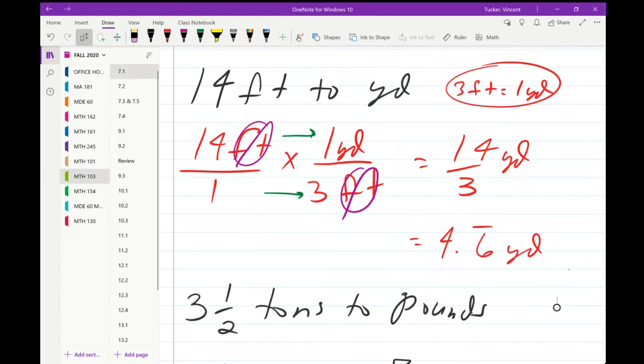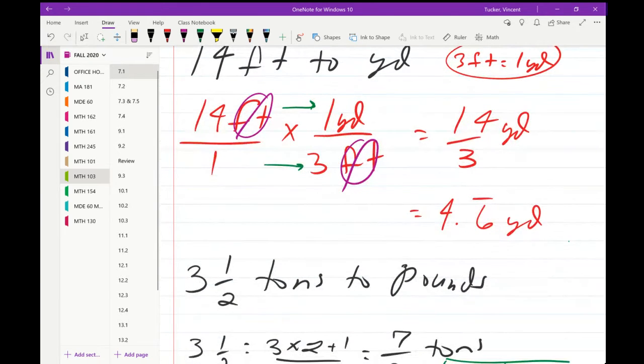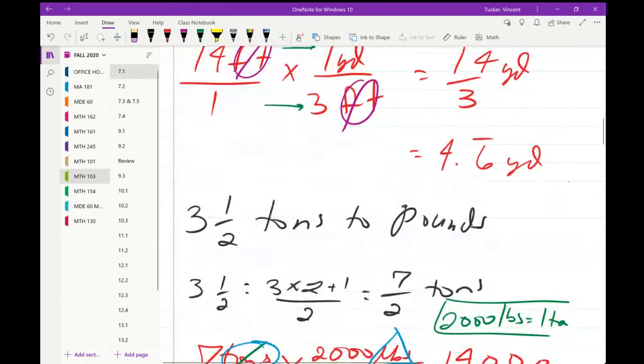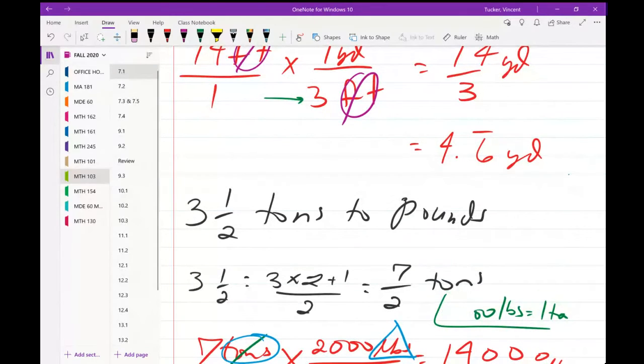All right. So the next one, 3.5 tons to pounds. So we didn't mention tons to pounds initially. Let me write that better.